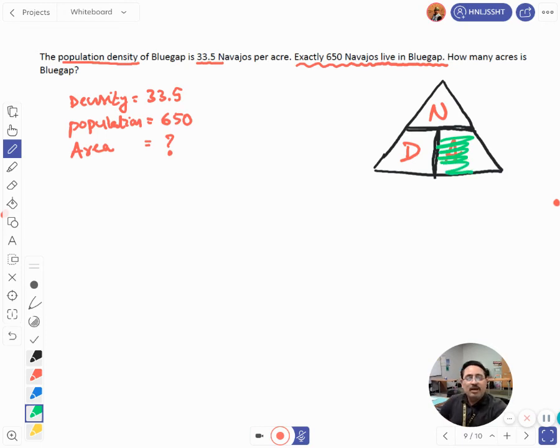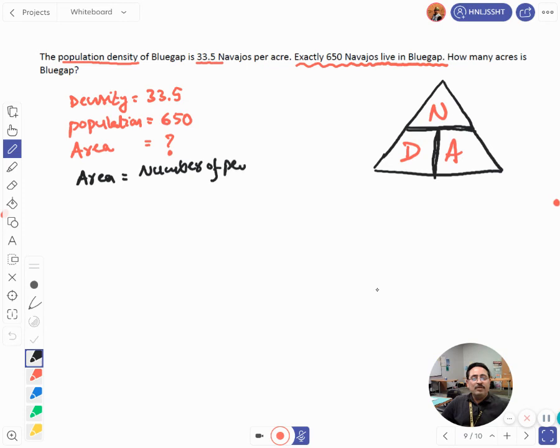So it is area equals number over density, right? Therefore area equals n over d, that is number of people over density.